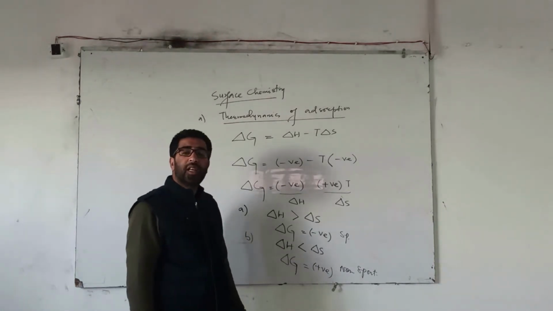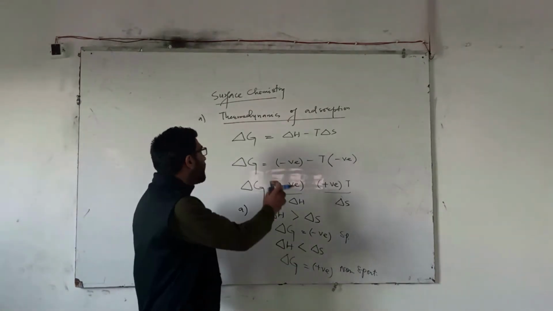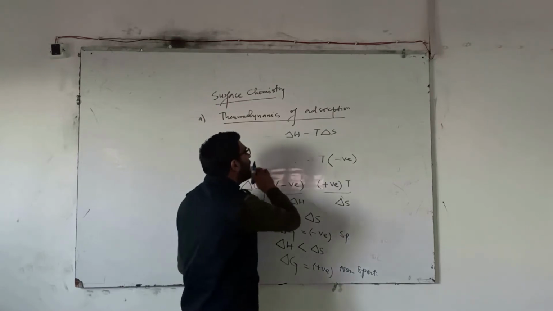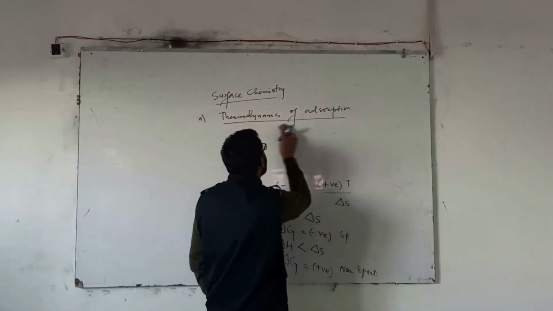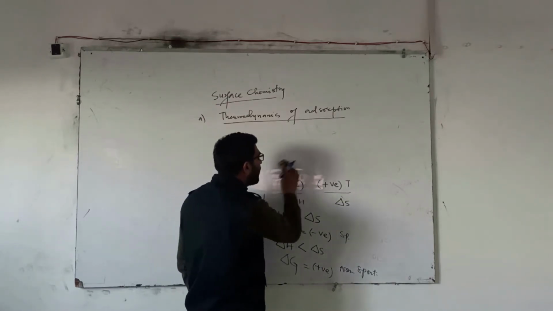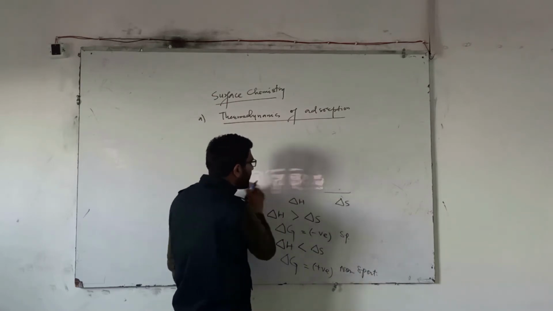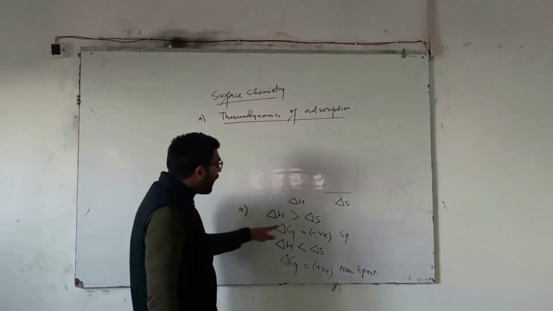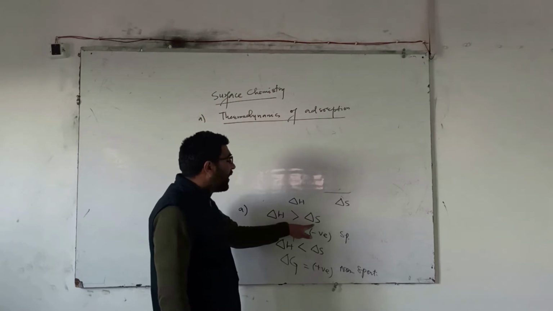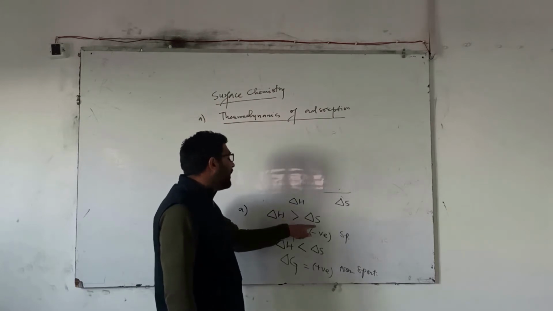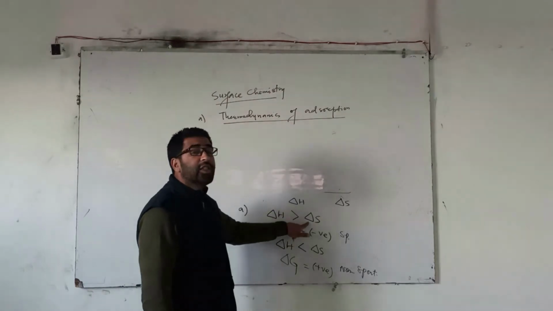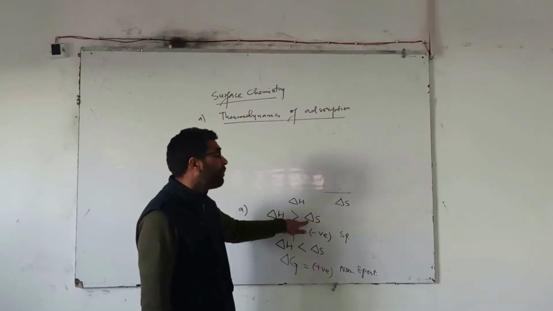The process is non-spontaneous. Now a query arises: when will it be spontaneous and when non-spontaneous? Now it's very simple. The value of delta H is greater than the value of delta S only when temperature is low. Remember this point.